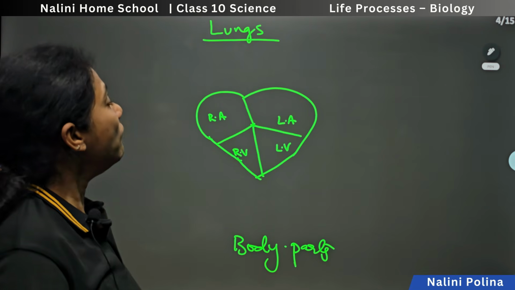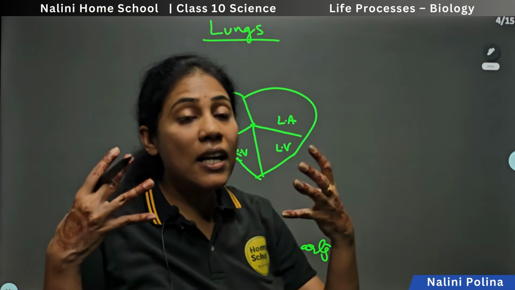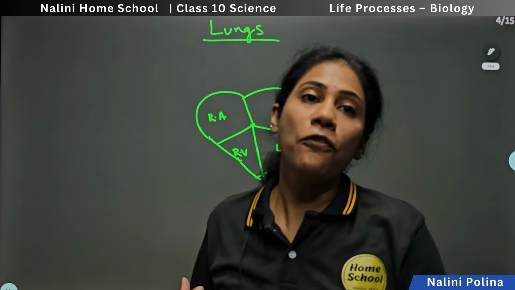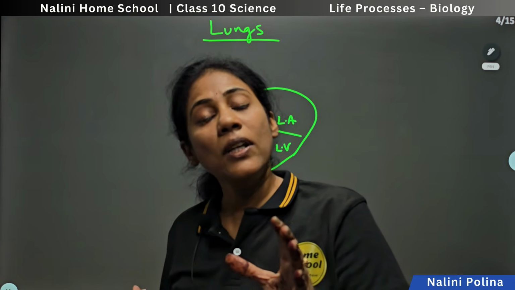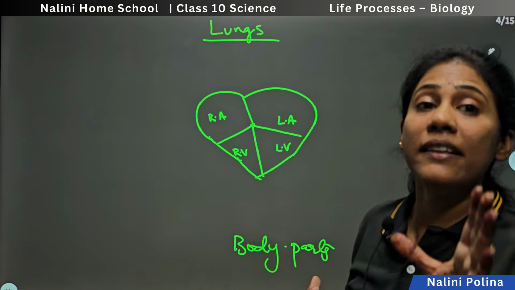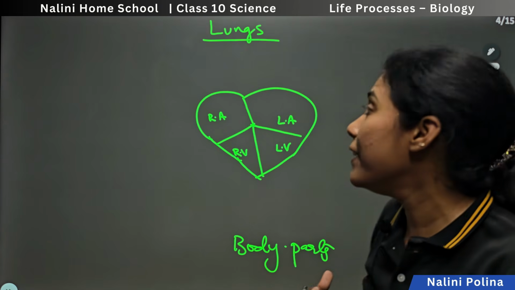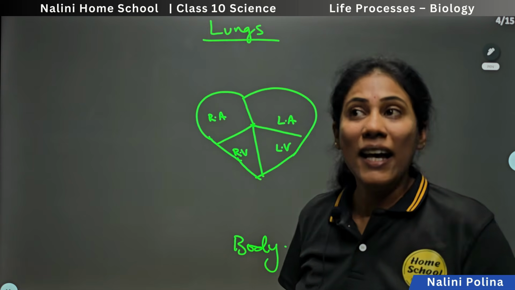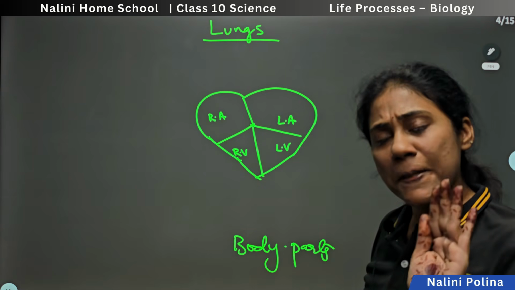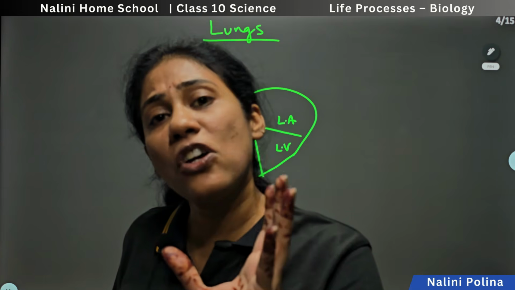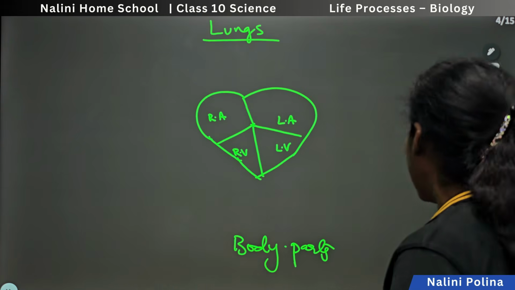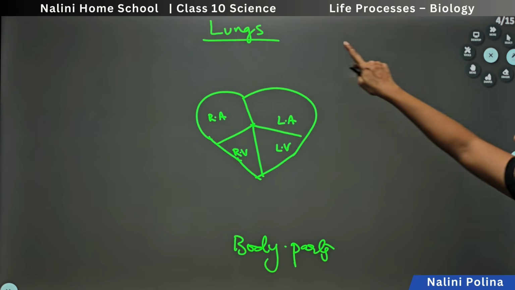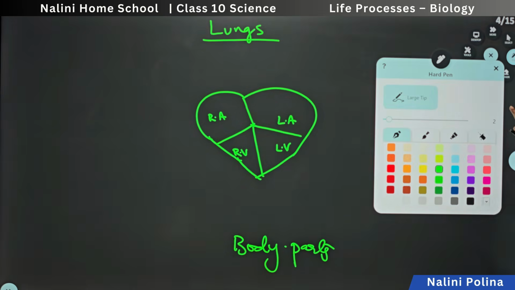Okay guys, so now we all know that the oxygen comes to the lungs, isn't it? So oxygen comes to the alveoli of the lungs, and from the alveoli, the oxygen is entering into the lung vessels here.